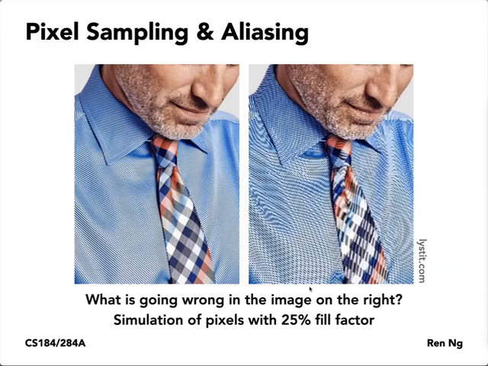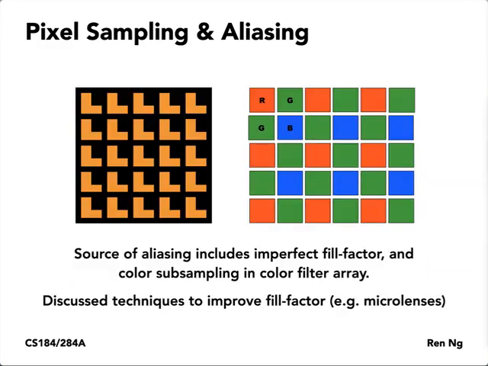If you do that, you end up with tremendous aliasing problems, okay? And this is a really important, practical problem in image sensor design. So where are the sources of aliasing? There's the finite fill factor. Only a finite portion of the sensor is actually integrating light. But even if it wasn't for that, think about the color filter array, right? We are masking out red, green, and blue in this pattern.